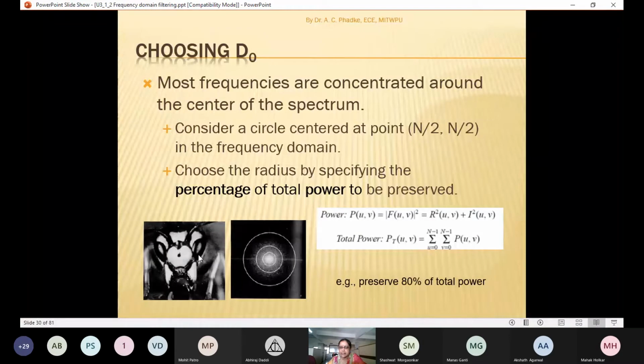There are very few high frequency components for most natural images. That's why when we take the Fourier transform of any natural image, it looks as shown here. So most of the frequencies are concentrated around the center.